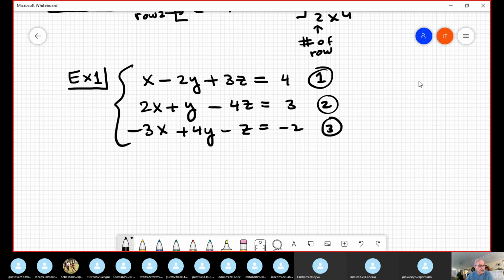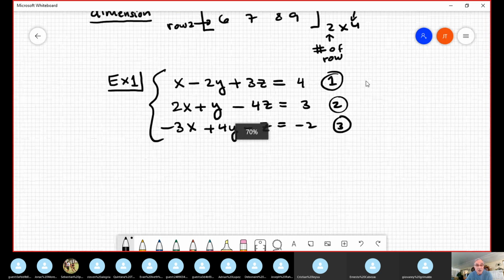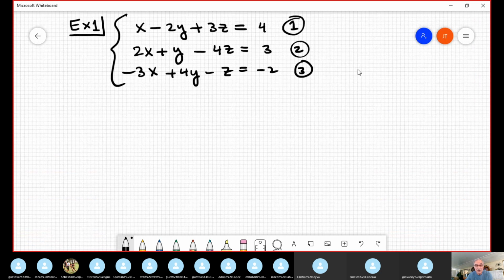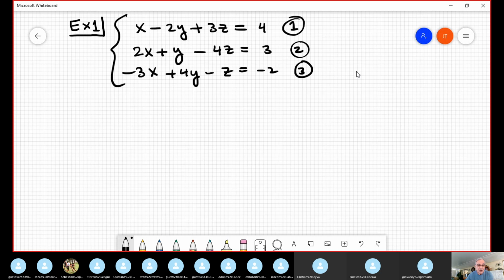And we can represent this using a matrix. There are many ways to represent this linear system of equations using a matrix. I want to explain the two fundamental ways. For example, you open one bracket to enclose just the coefficients in front of the variables. This is 1, negative 2, positive 3.